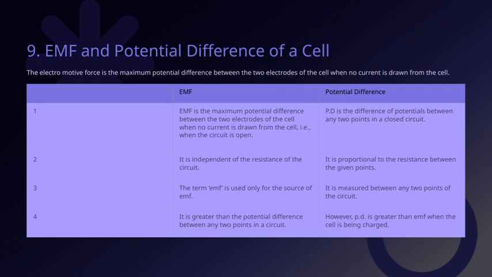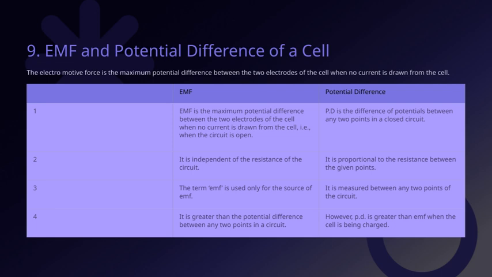Unlike EMF, PD can vary depending on the resistance and the current flowing through the circuit. It's also important to note that EMF is generally greater than the potential difference between 2 points in a circuit. However, during charging, the potential difference can actually exceed the EMF, which is a special case related to the energy being supplied back into the cell.